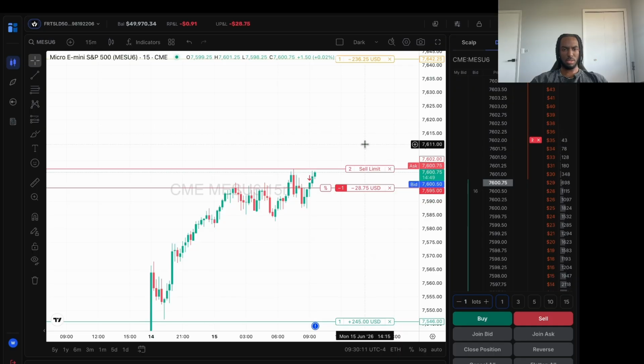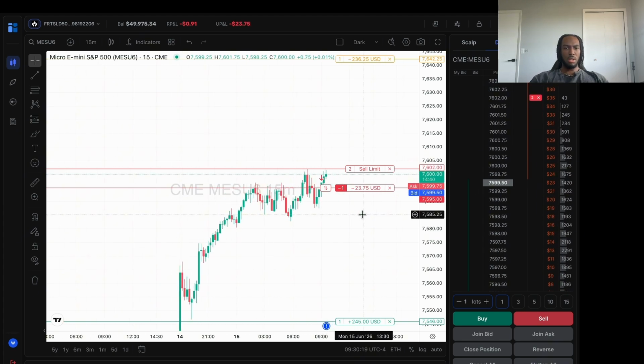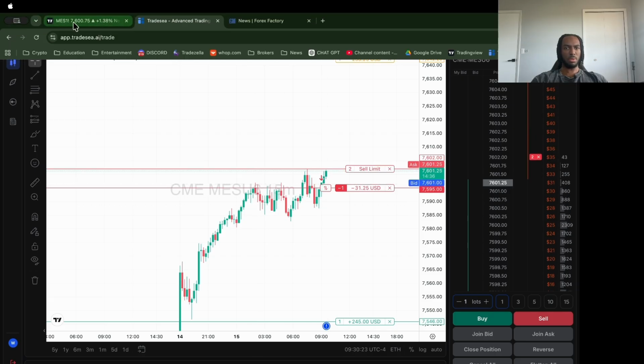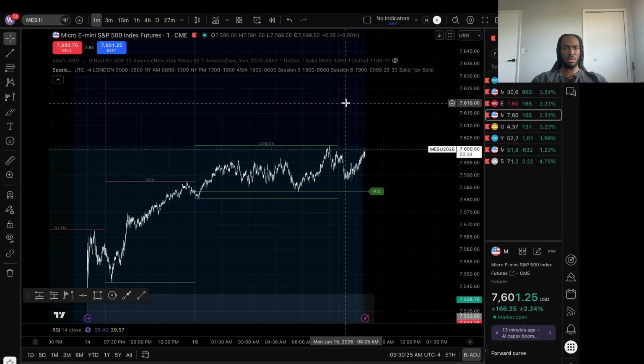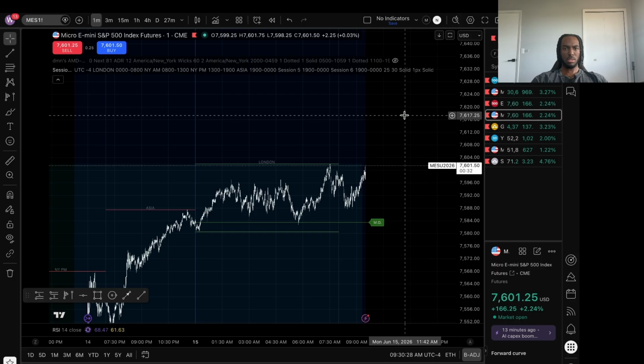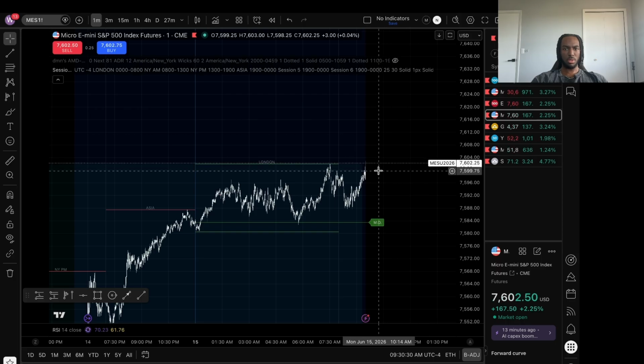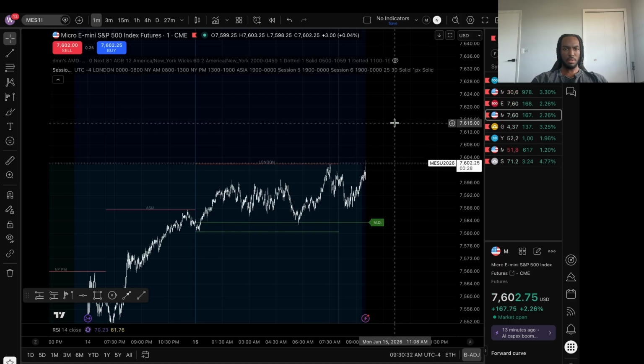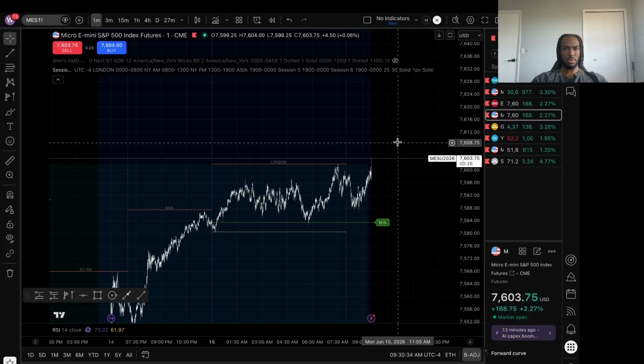It's obviously 9:30. Let's see if we get that sweep. Luckily, no too insane of a pop at open here. Okay, so we broke the high. Let's see what we do here.